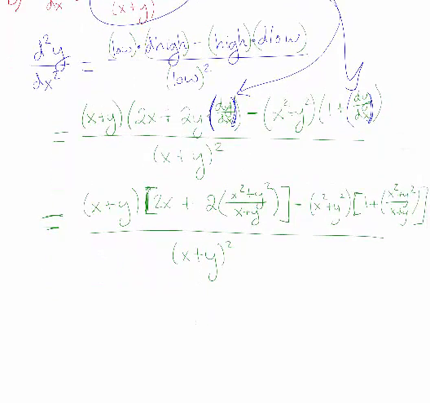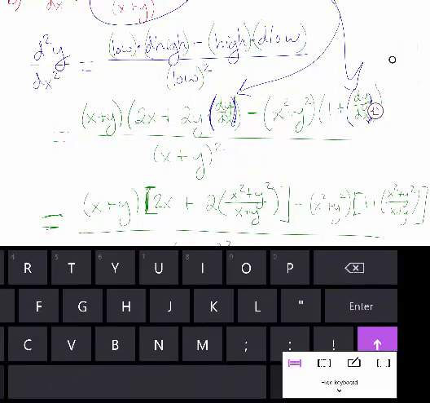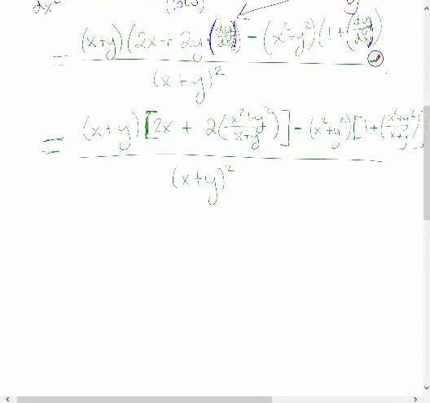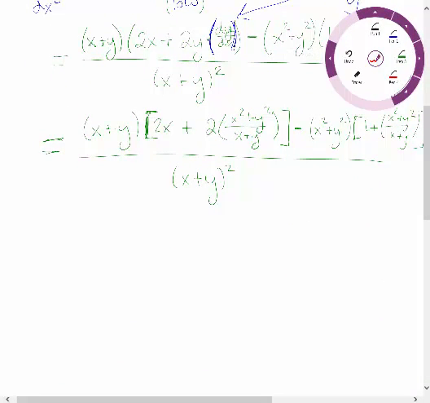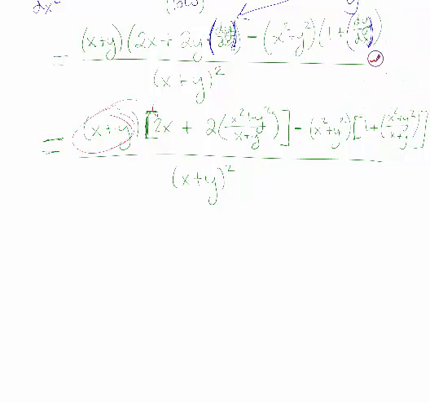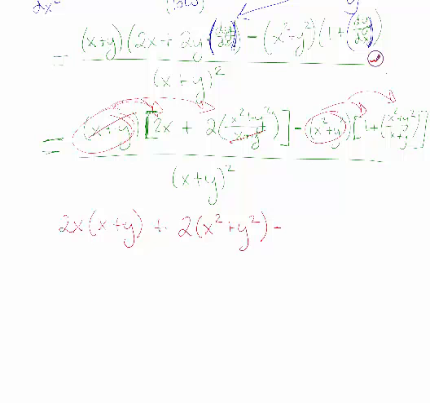Now we're ready to distribute, but just make sure you have those parentheses first so that when you get ready to distribute, we don't make any mistakes. So this x plus y goes to the 2x, and it goes over there, so it'll be 2x times x plus y, plus, now here they cancel, 2 times x squared plus y squared, minus, and again, now this whole term will go to both places.